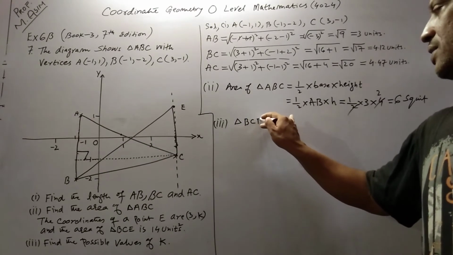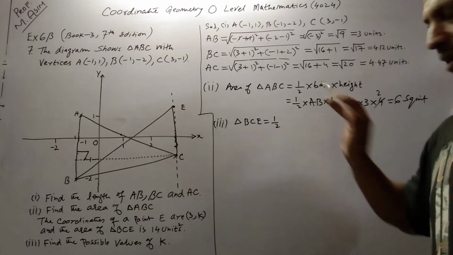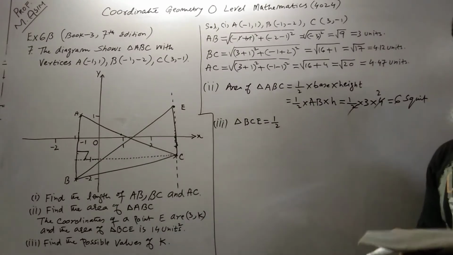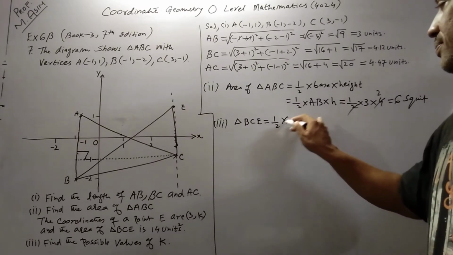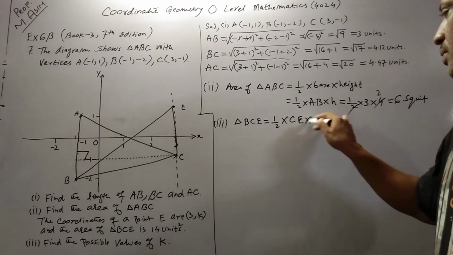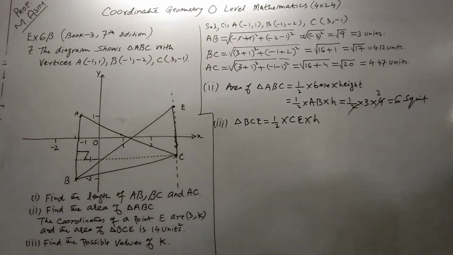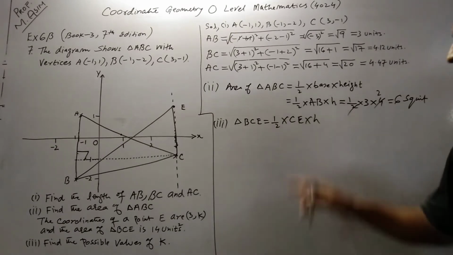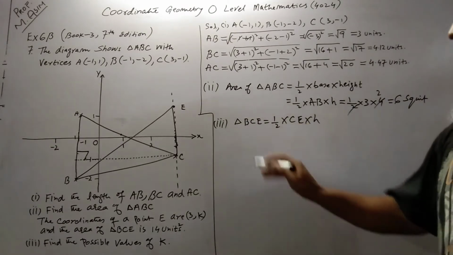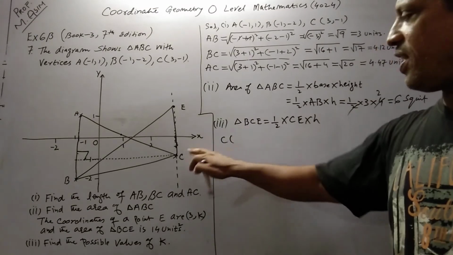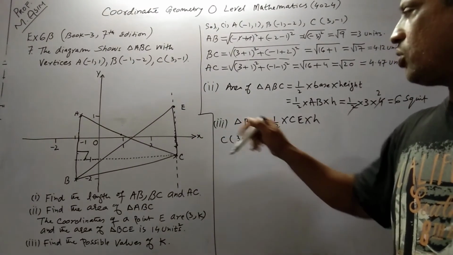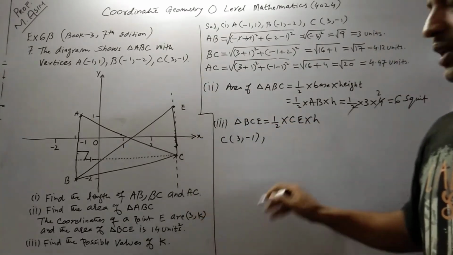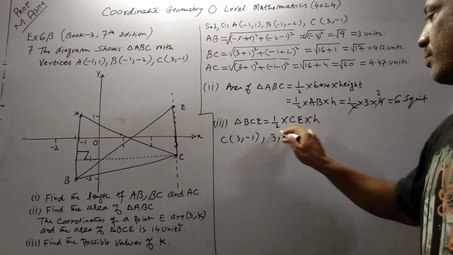Now, the area of this triangle is given. Area of triangle BCE is equal to half, if I use CE as the base and h as the height. So first we need to find the length of CE. Coordinates of C we already know, (3, -1). Coordinates of E are given, (3, k).